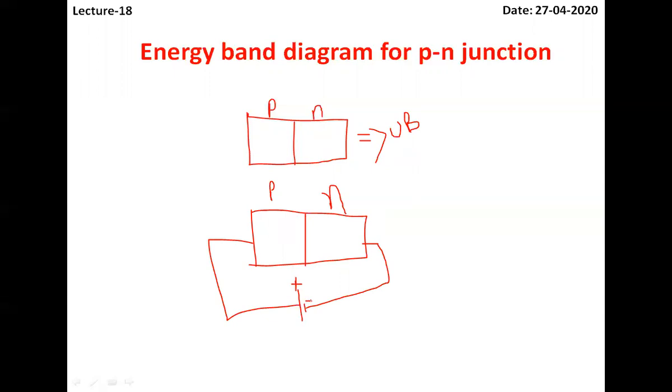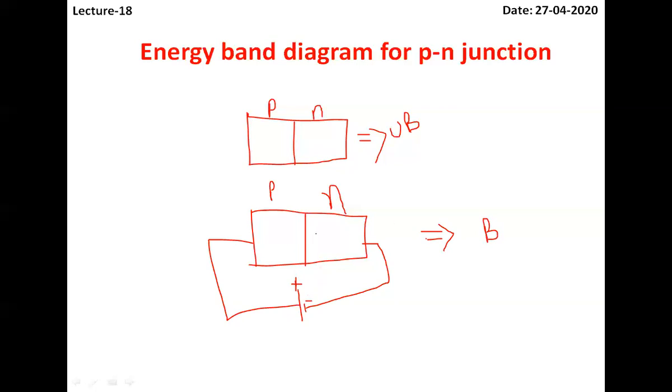Now in this case, we have connected the p-n junction to a battery, so we call the p-n junction biased.